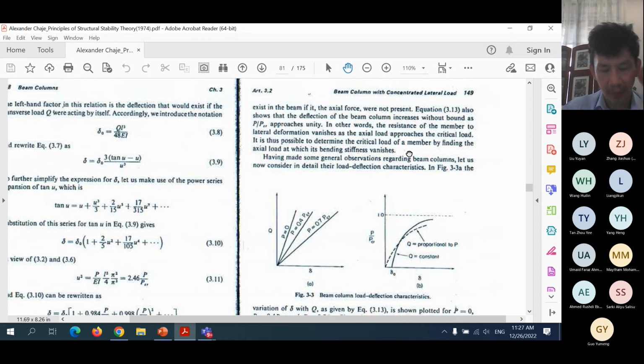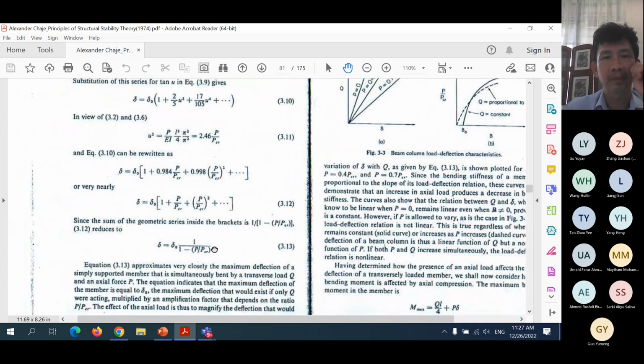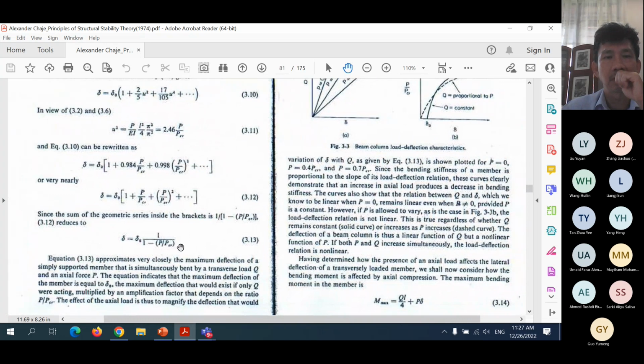Now, another important point that I would like to draw your attention to is that, class, if you look at equation 3.13 again, if P is almost equal to P critical, or in the extreme case, P exactly equal to P critical, this is a theoretical case, it cannot happen, then what we get is that the denominator here, the bottom part here, will be 1 minus 1.